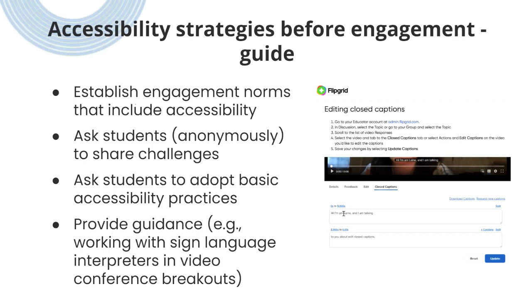For example, if we know we're going to have breakout rooms where students are presenting their work, then creating brief lists of specialized vocabulary so that those interpreters may be ready for it, especially in highly technical disciplines or things that might use terms that are not common. So if they have to spell it out, if there's not a quick word to use, what have you. And also just using a different speed.